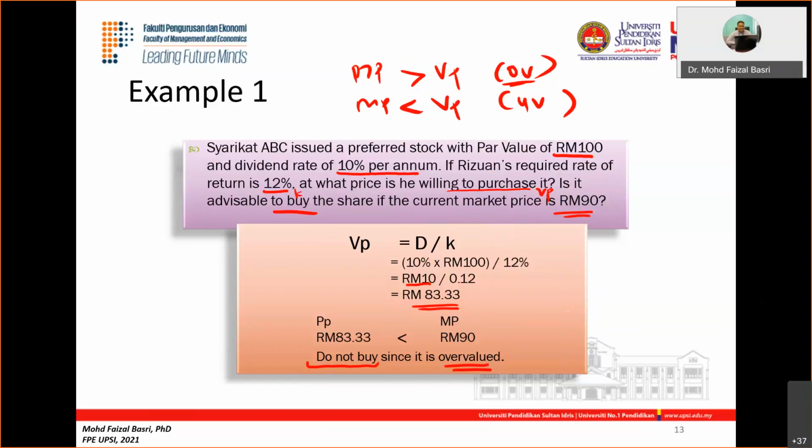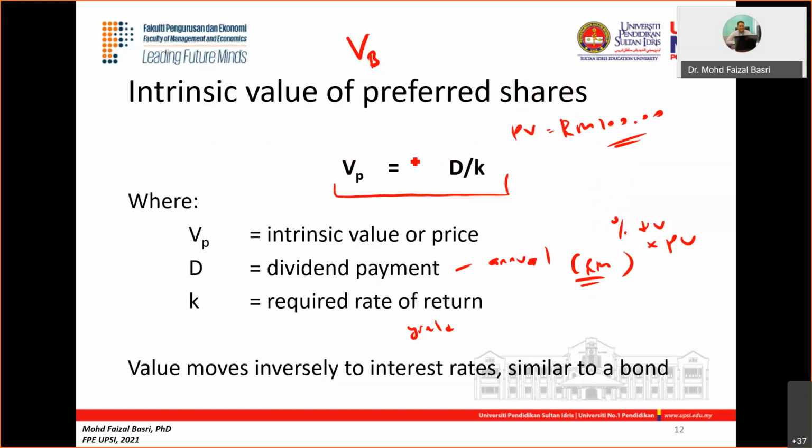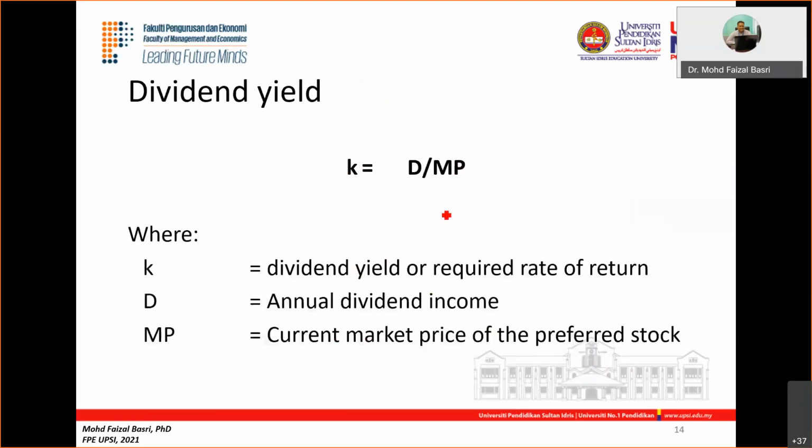Okay, but sometimes, again, similarly like before, the person might ask you to find, let's say, the K instead of the VP. Okay, here, the person asks about the rate of returns. Okay, simply, actually, we just swap positions.